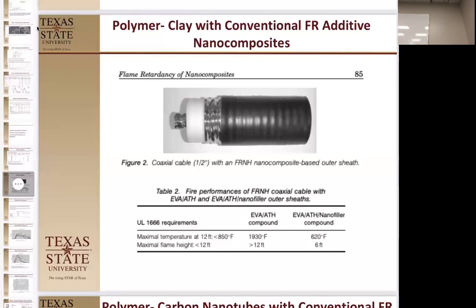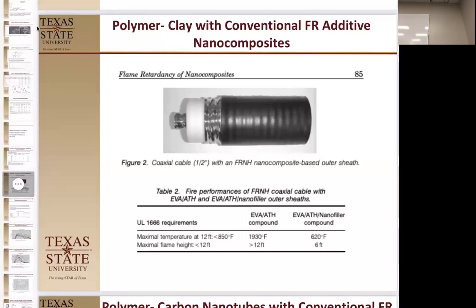Okay, so the neat compound by itself, and this is with aluminum hydroxide additive, which is normal, it reached 1930 degrees and completely burned the entire thing. It burned above the cable, so it's a fail.